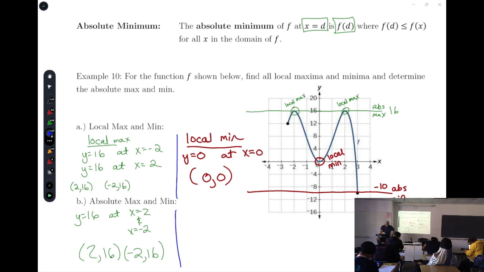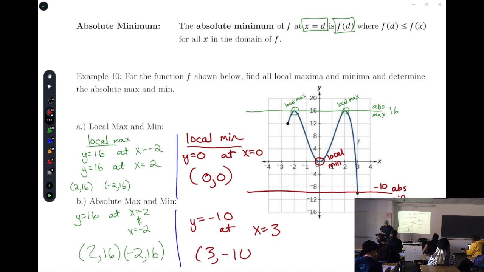And then the absolute min would be y equals negative 10, and this occurs at x equals 3. You knew that. So that would be (3, -10). Look at that timing. Getting good at this.